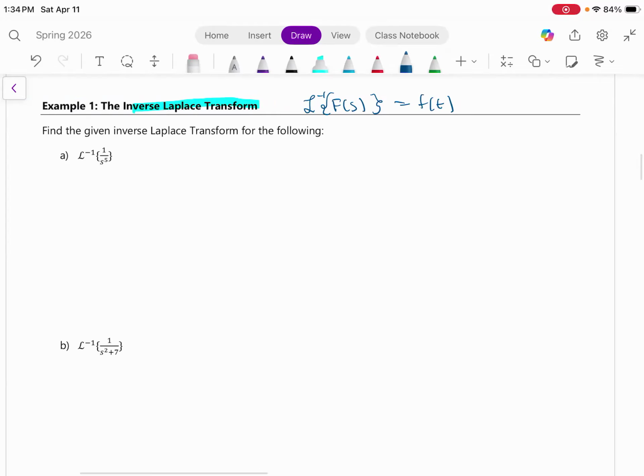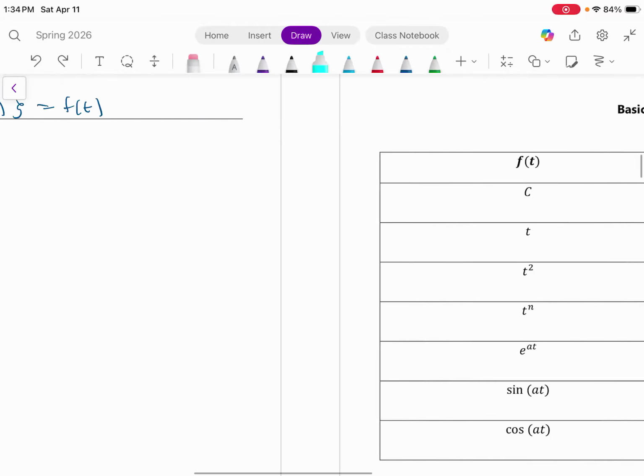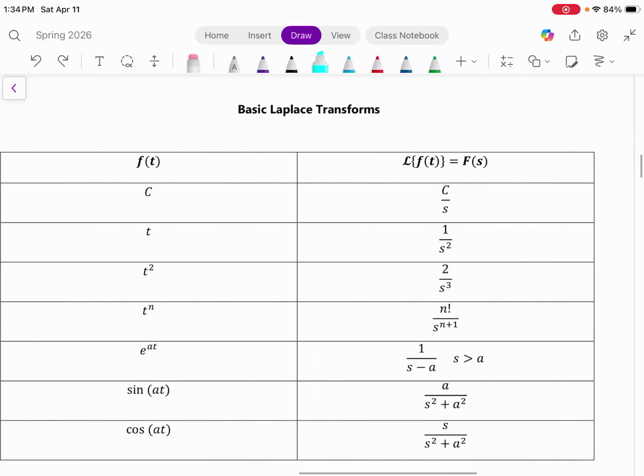So I have the inverse Laplace transform of 1 over s to the fifth. Okay, so I want to see what 1 over s to the fifth might look like. If I go to my table off to the side here, what does 1 over s to the fifth look like to me? Well, that looks like this setup right here.